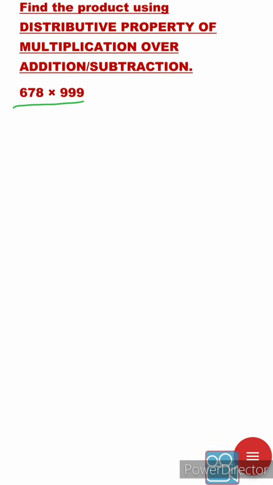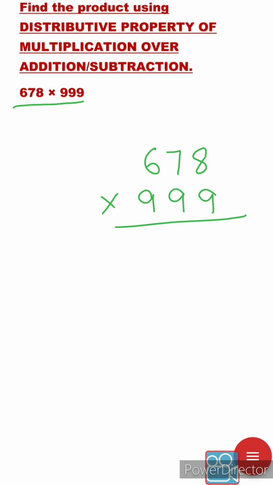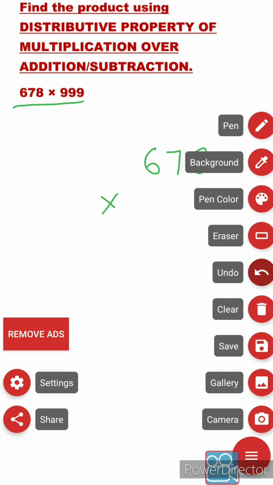Now note one thing students, if we multiply 678 by 999 in the normal way, then it would be a very time taking process. So what we can do to reduce our time, we can solve this sum by the distributive property of multiplication. So how can we do that?